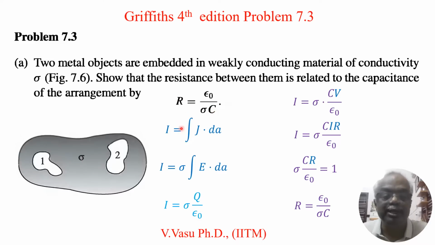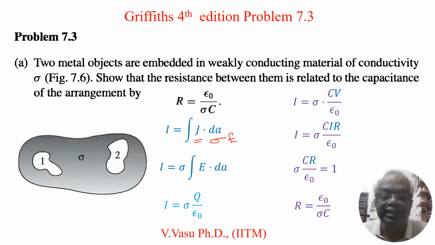Now you take, by definition, I equals the integral of J dot dA. Here J by definition is equal to sigma E, where sigma is the conductivity, a constant we take out, so it becomes sigma times the integral of E dot dA.